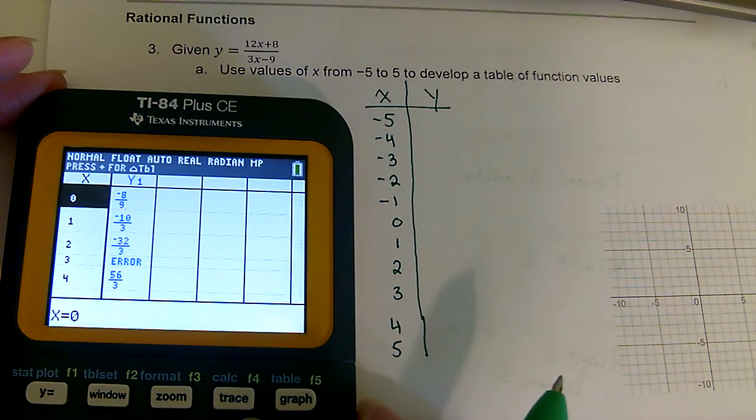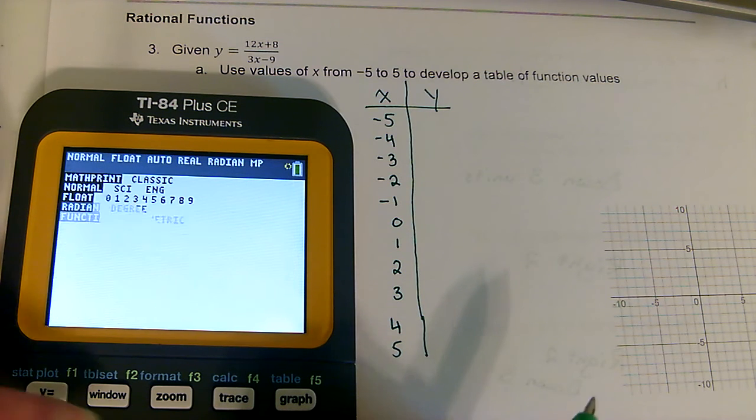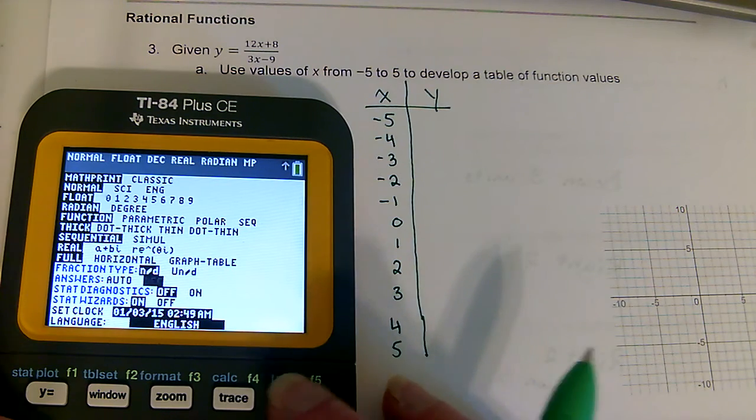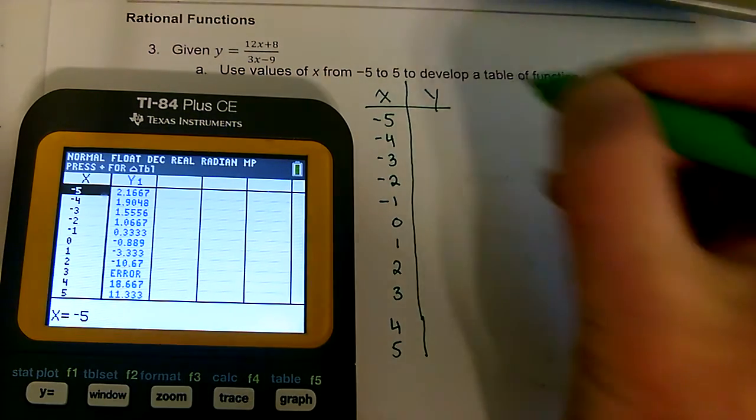And it is not giving me my decimals. So I'm going to go to mode and change this to be decimal. Right now it's on auto because I really want decimals to graph because it's a lot easier to graph.